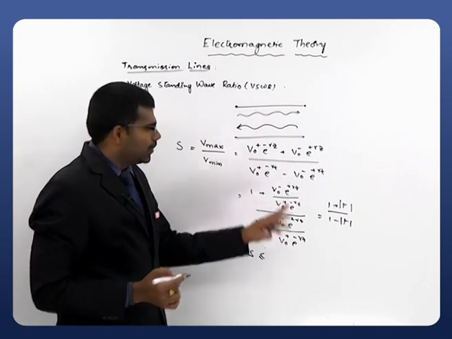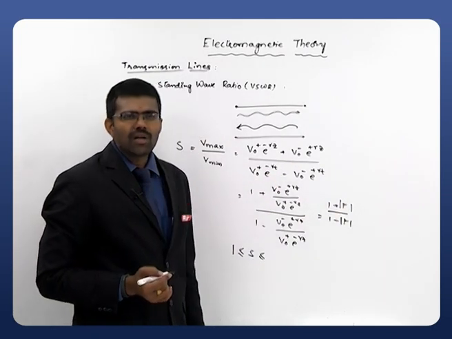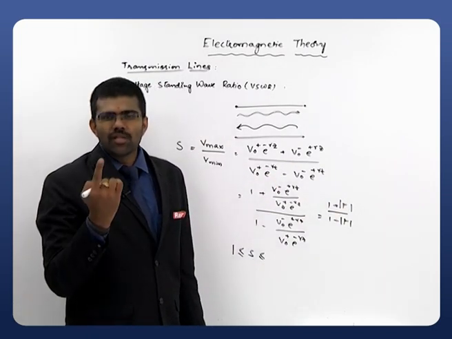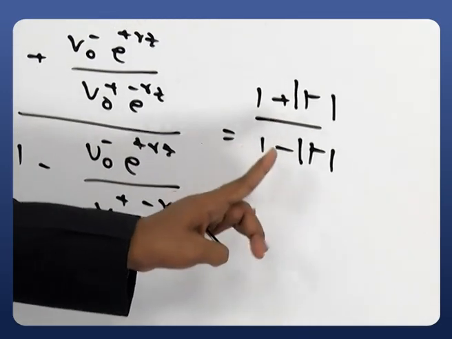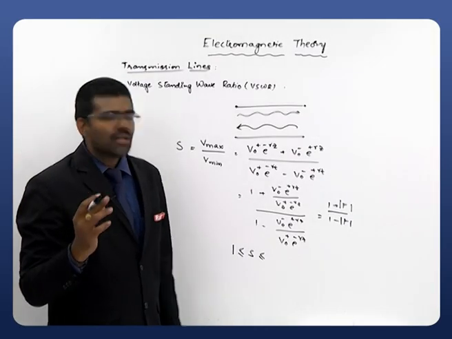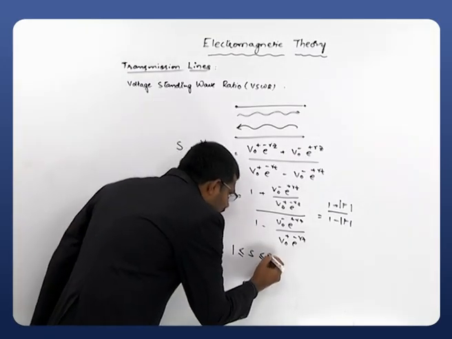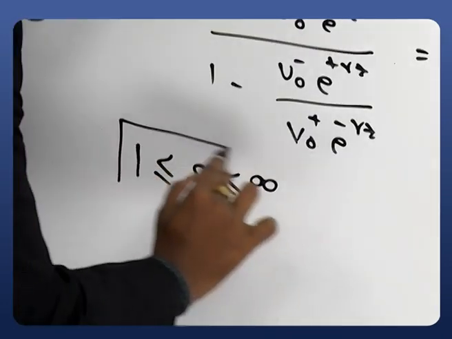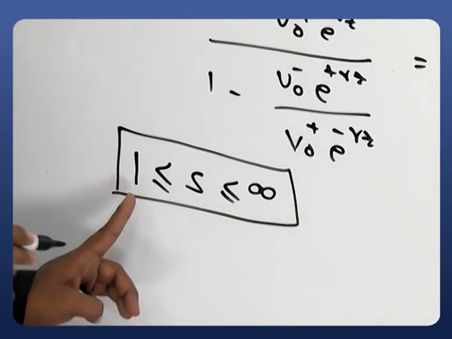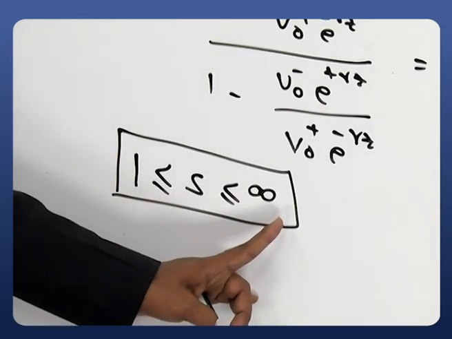What will be the maximum value? What is the maximum magnitude of gamma? The maximum magnitude of gamma is 1. If you substitute 1 here, it is infinite. Actually, it is undefined, but you are supposed to take that as the maximum value for S, that is infinite. So always the standing wave ratio lies between 1 and infinity.